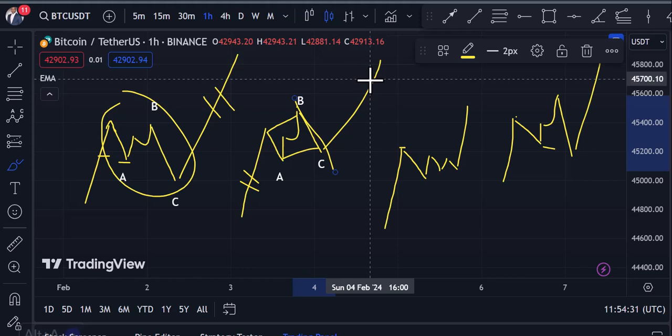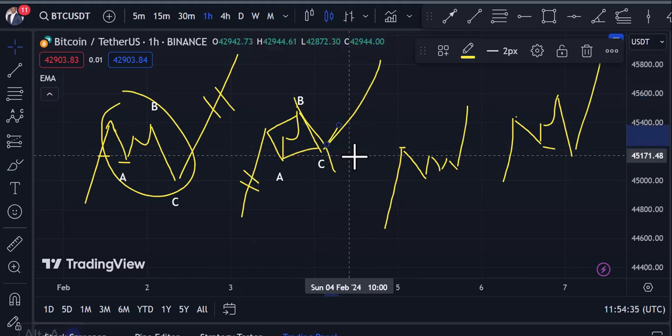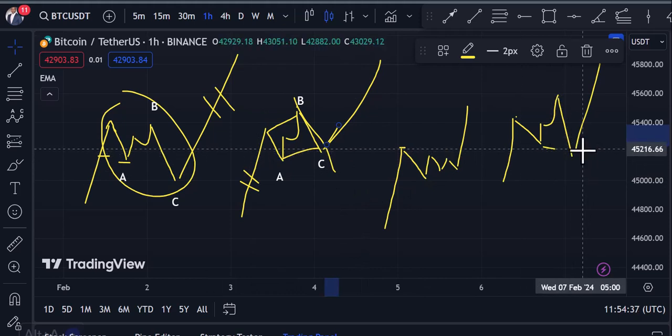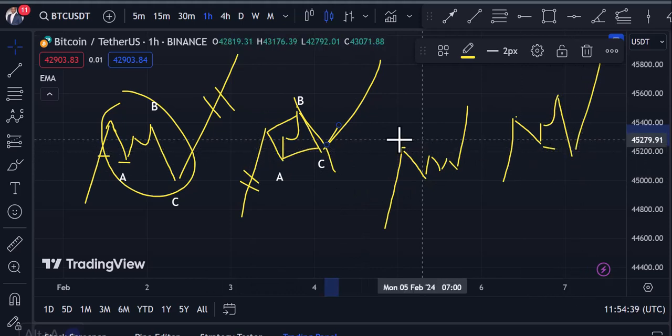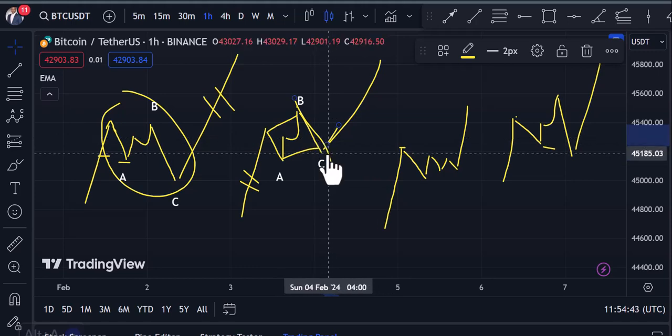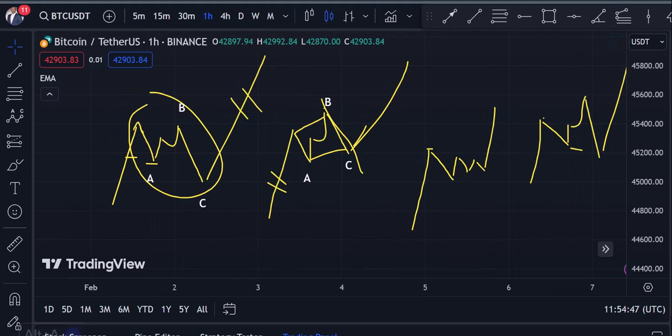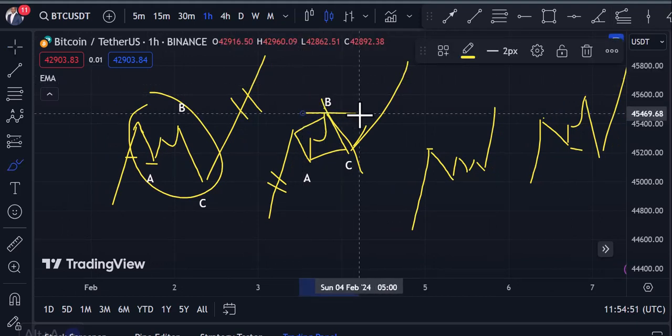Because most times you might think that this is reversing, and it comes to break here, giving us an expanding flat like this. Because of that, if you want to be conservative in this running flat, you can position yourself at this point, guys, at the break of the B structure, so that in case this is forming an expanding flat, you will be in a safe place.